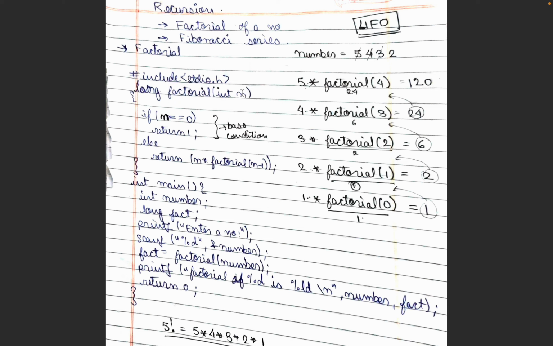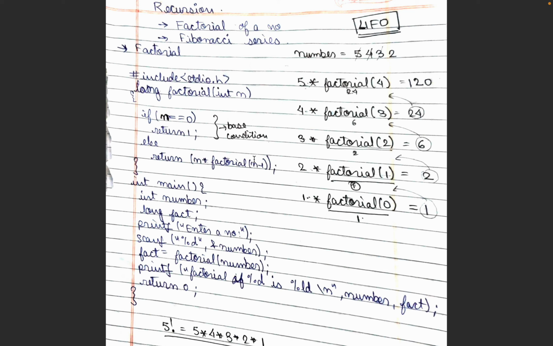Is 4 equal to 0? False, else it will return n into factorial of n minus 1. So this will be 4 into factorial of 4 minus 1, and the number will become 3.